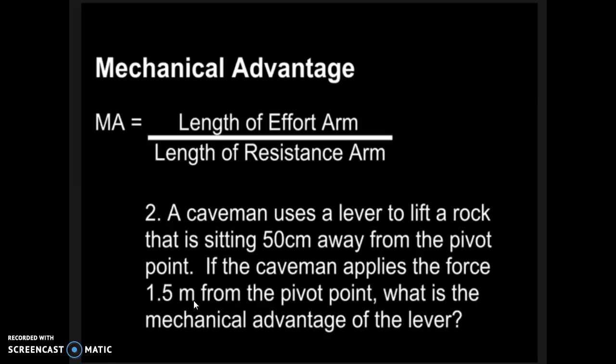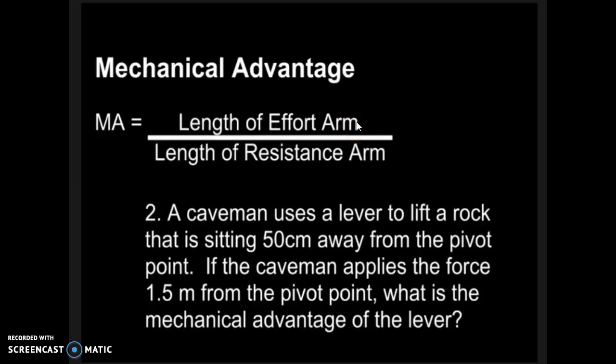First of all, we need to make sure we have the same units here. So 1.5 meters, let's go with that. We could convert that to centimeters if we wanted, but it's probably best just to convert to meters for both of them. So 50 centimeters converted to meters is just going to be 0.5 meters. So which one is our effort arm?